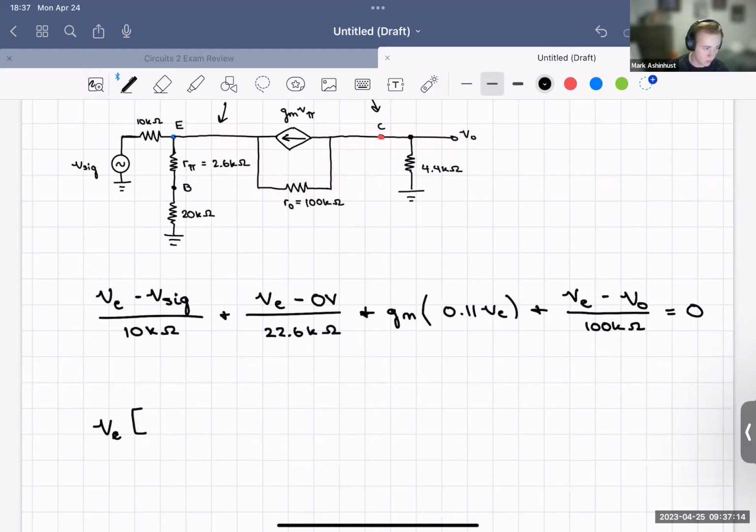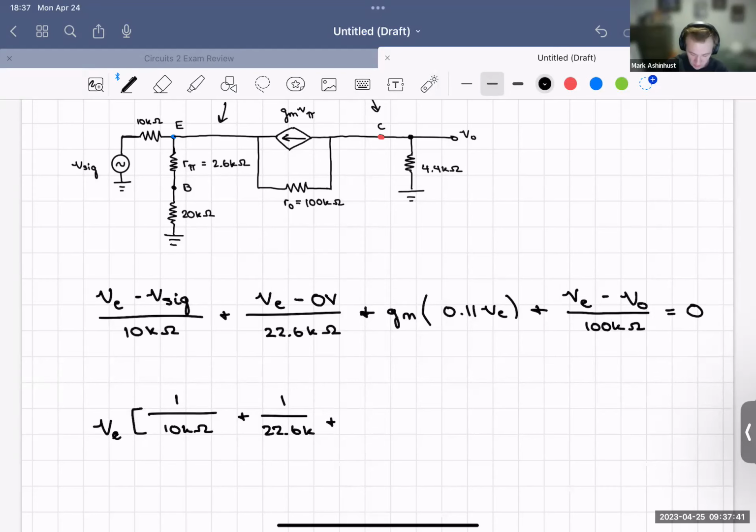And we'll continue on doing the algebra. We'll have that 1 over 10K plus 1 over 22.6K. So I'm pulling the VE out of all of them. And then we have our gm times 0.11, and the VE gets pulled out. So gm is 38.5 times 10 to the negative 3 times 0.11.